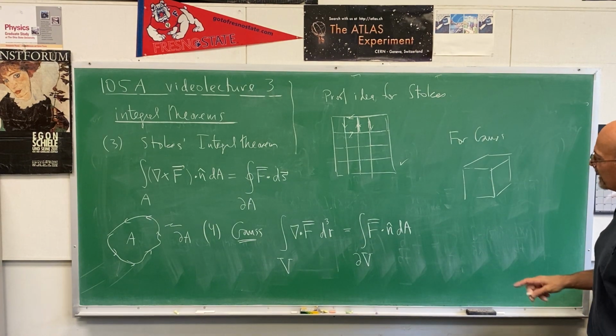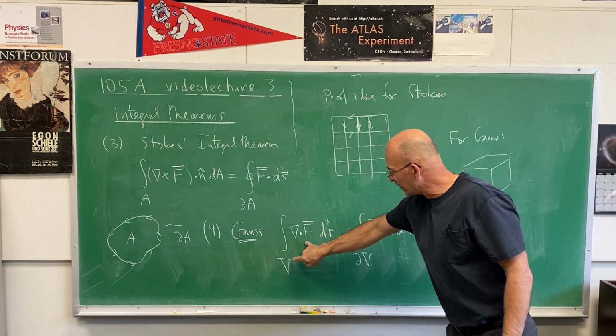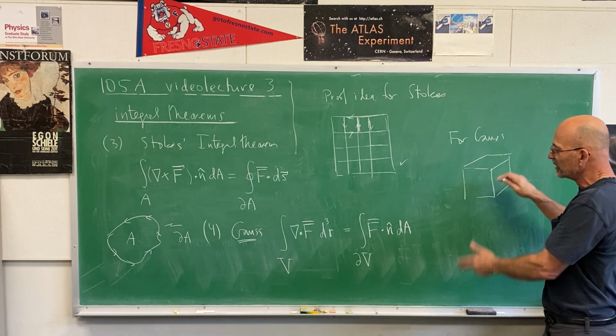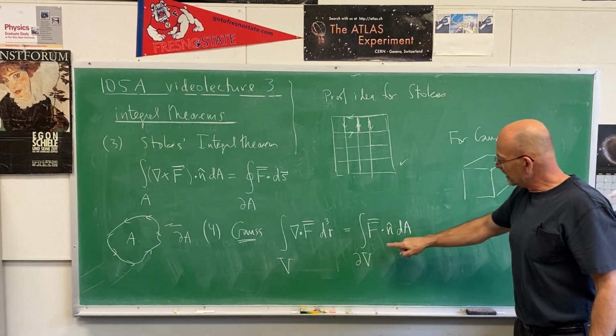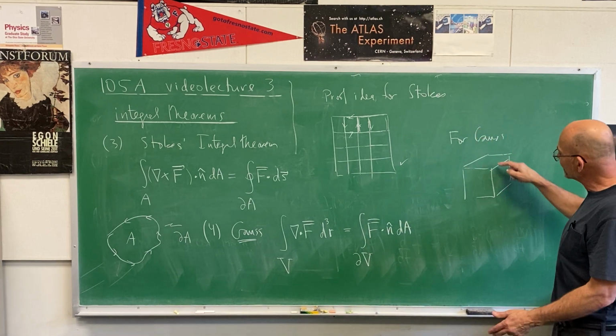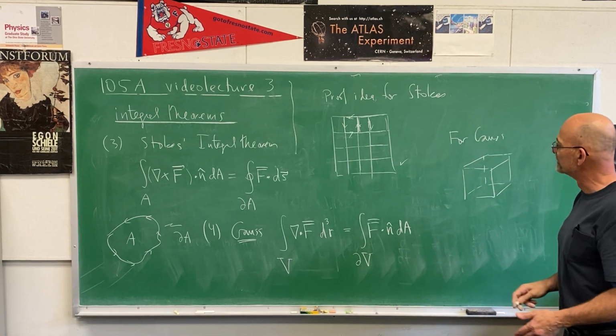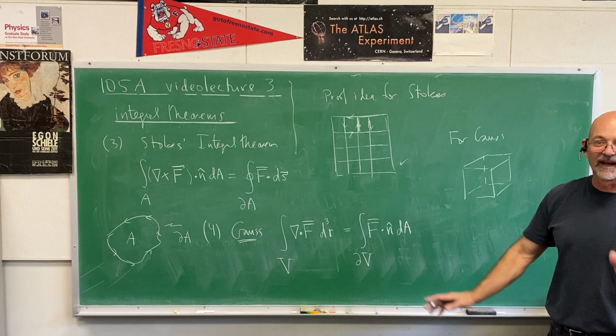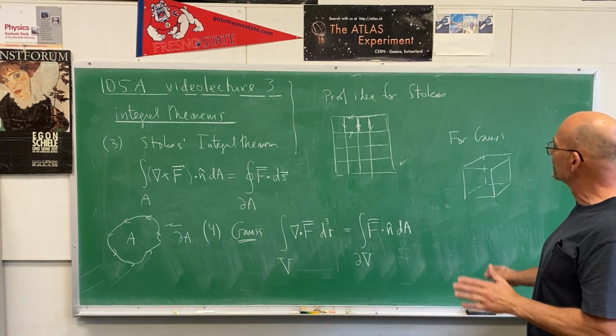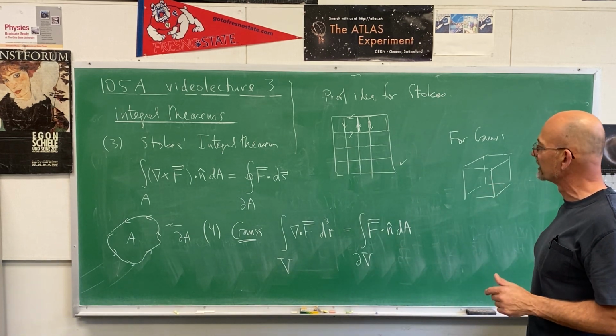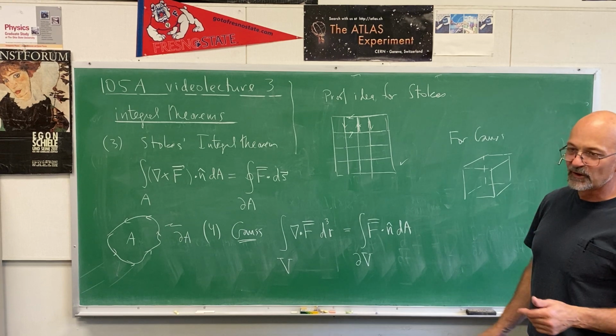And again, you're going to find the divergence over the volume of this cube is going to be equal to these 6 area integrals that comprise the 6 sides that a cube has. Okay, enough of that. I'm just putting that up there if you're interested in playing around with that. It gives you a lot of understanding, actually.